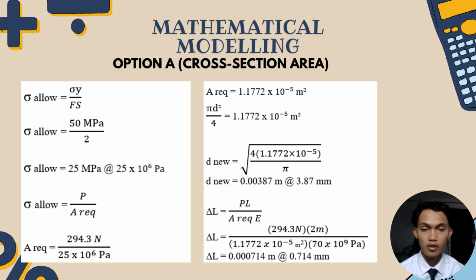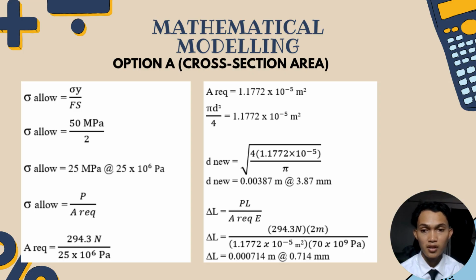We have two options to solve the problem for our case study. First, option A is to modify the cross-section area. We need to identify the sigma allowable using the formula of safety factor. We rearrange the formula and we get the sigma allowable is 25 megapascal.